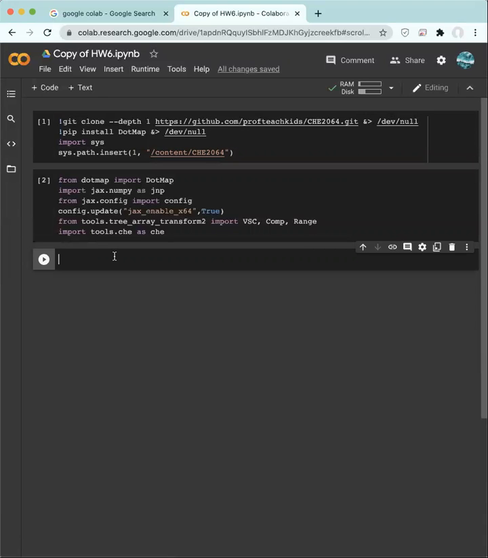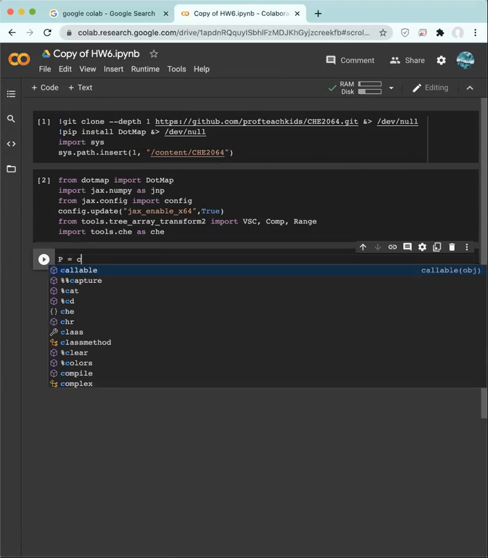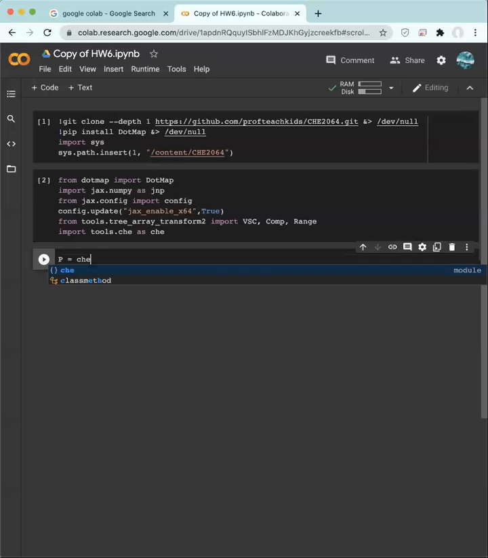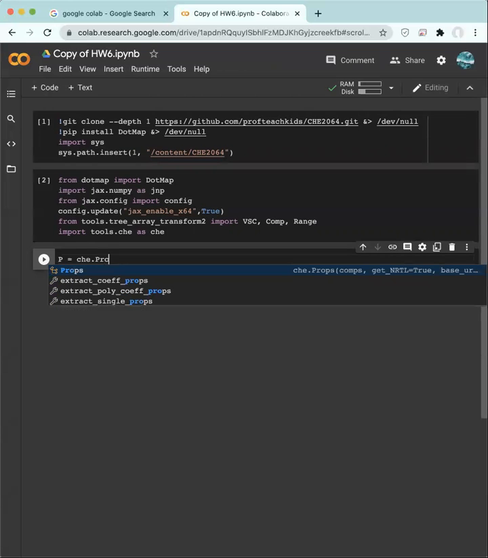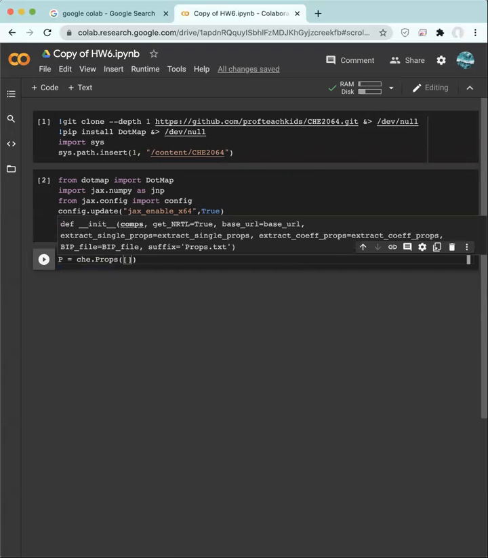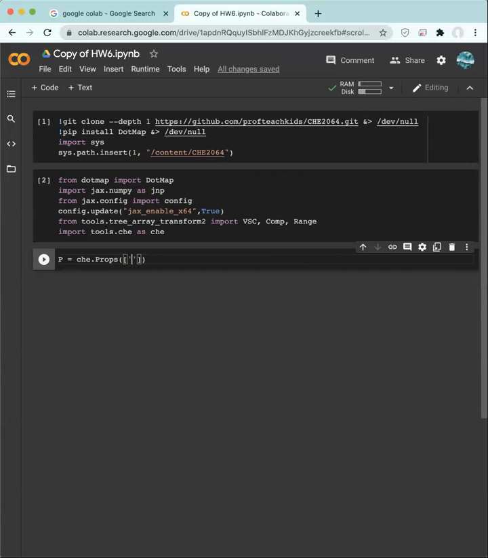So we're going to start out with P for properties. And we're going to use our CHE, that's what I call it, CHE.props, and this allows us to have access to the GitHub page, and we want information about methane, nitrogen, oxygen, carbon dioxide, and water.